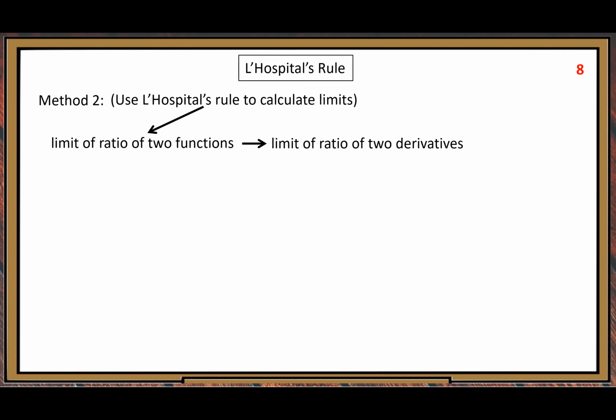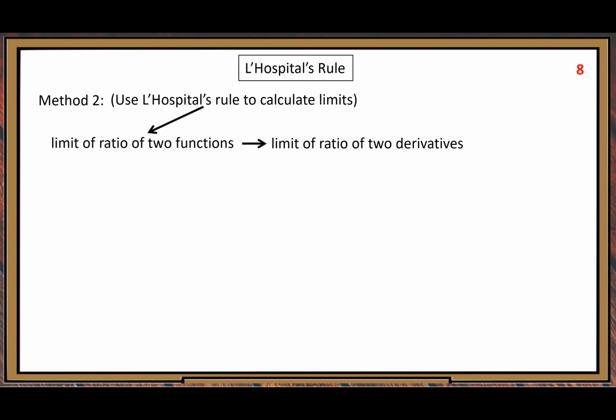Based on L'Hopital's rule, we can take the derivatives of those two functions. So you do not compare two original functions, you compare their derivatives. And we hope that when we work on the derivatives, we can find the limit more easily.